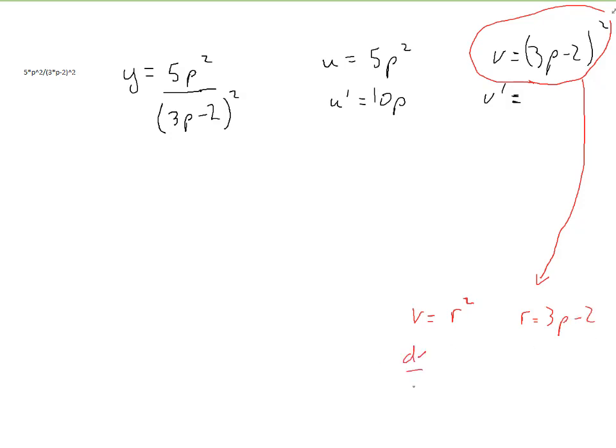So dv by dr, v and r is a dangerous combination, looks the same, is equal to 2r, and dr by dp is just equal to 3. So the thing we want is dv by dp, which is just these two things together, so 2r times 3, which is equal to 6r, and r is 3p minus 2.